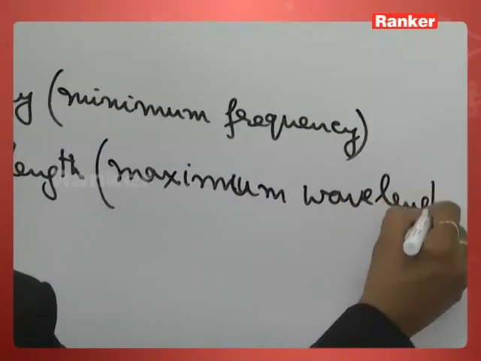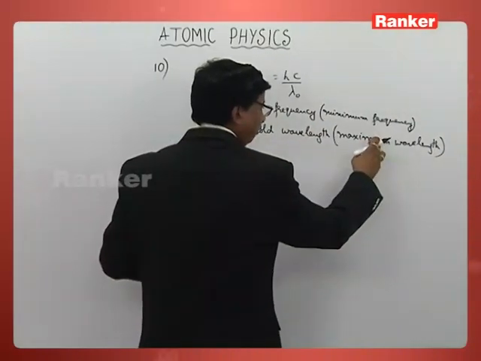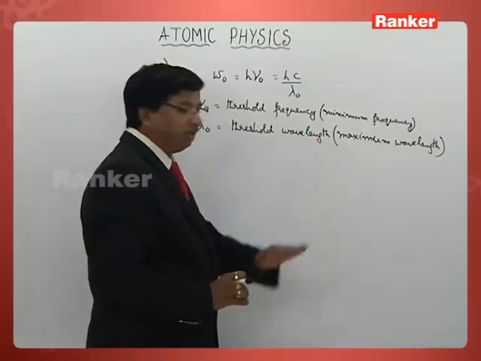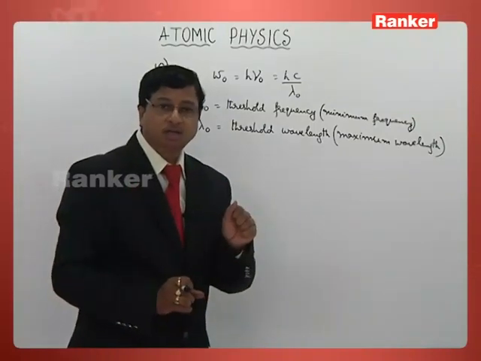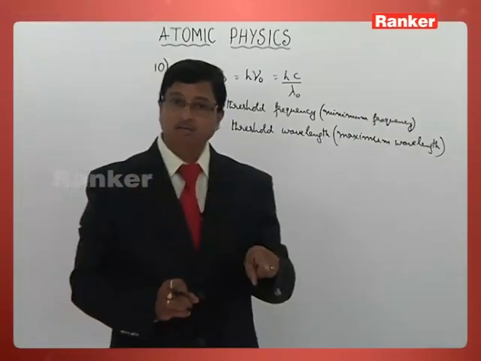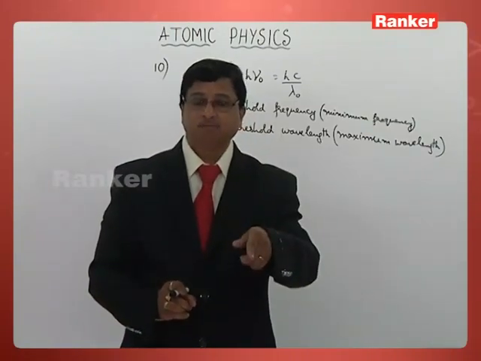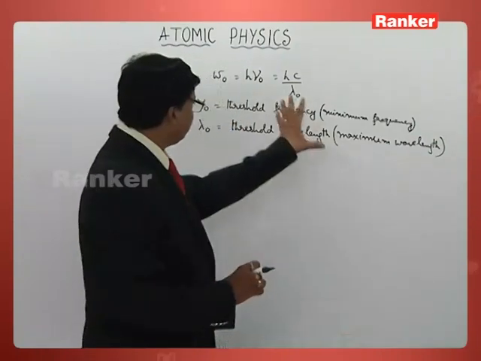That is the concept. So when you talk about threshold frequency and threshold wavelength, maximum wavelength is threshold wavelength, minimum frequency is threshold frequency of what? Of that photon which is incident on the metal for photoelectric emission to start with. So this is actually the concept.